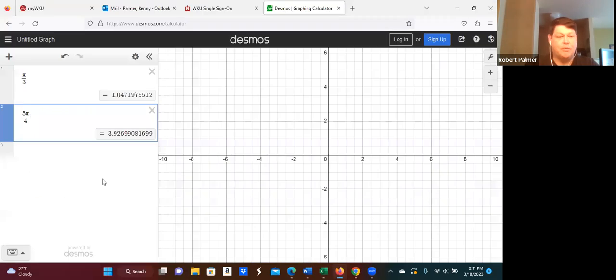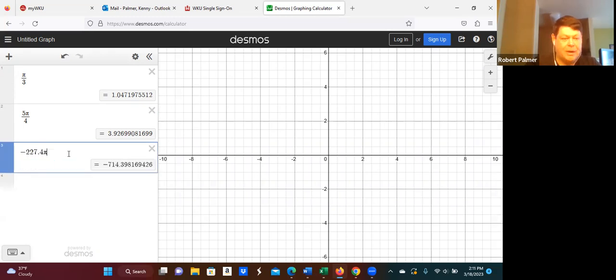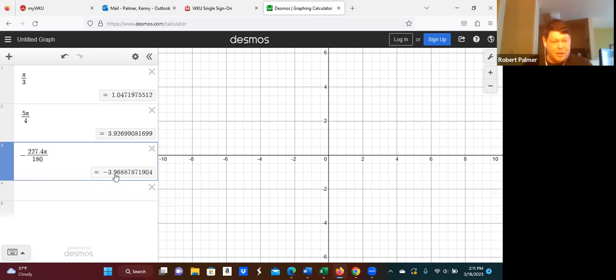Negative 227.4 on your calculator as well. Negative 227.4 times pi, divided by 180. And that's approximately negative 3.97 radians.